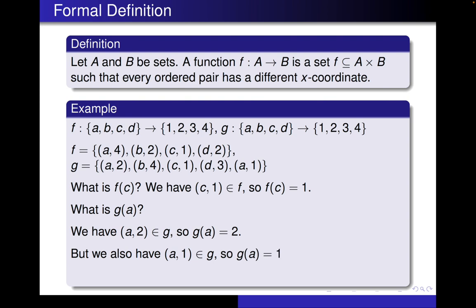So you look at those last two lines, you have G of A equal to 2, G of A equals 1. That is completely contradictory, so you can't have that. So that means that G is not a function. And I shouldn't say you can't have that. You can't have that and still have G be a function. So G is a perfectly nice, what we will eventually call a relation, but it's not a function.